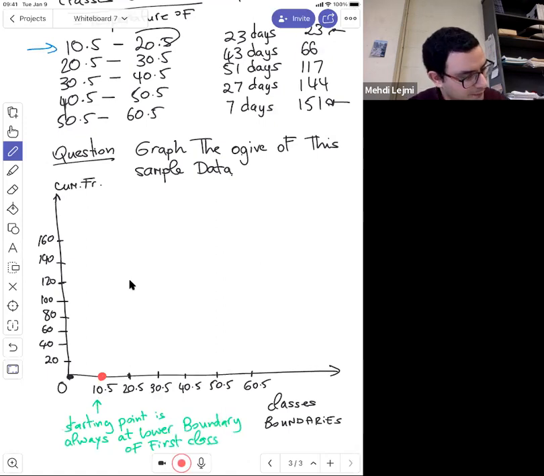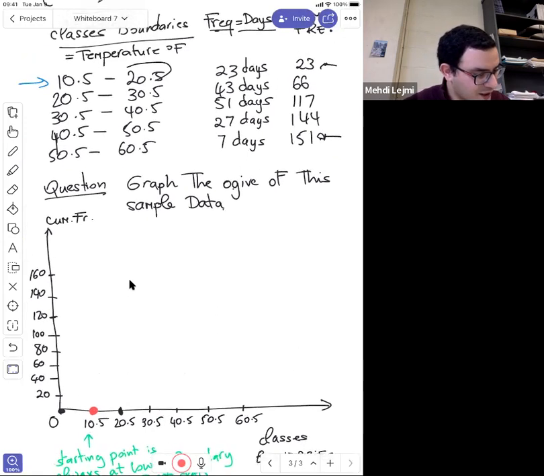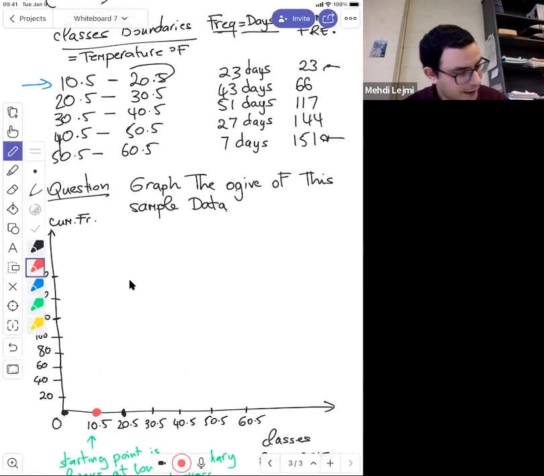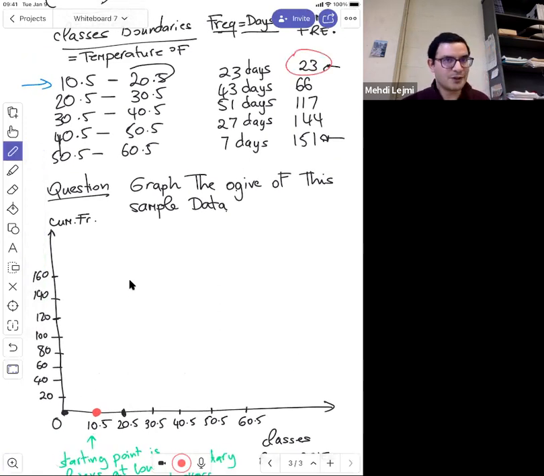Now, the next boundary would be the 20.5. That's my next boundary, and it is supposed to represent my first cumulative frequency. My first cumulative frequency is 23, as you can see here. So I'm going to take my boundary at 20.5, and we're going to go up to 23.